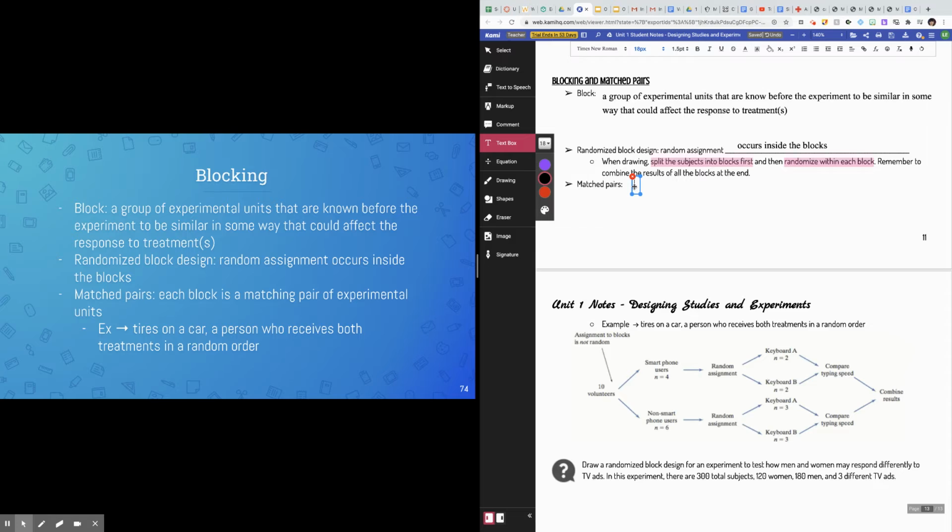There is one particular type of blocking called matched pairs. That's a very special type of blocking where each block is a matching pair of experimental units. Some examples that I gave you here were tires on a car. Say you wanted to test the wear and tear of an old tire brand versus a new tire brand.